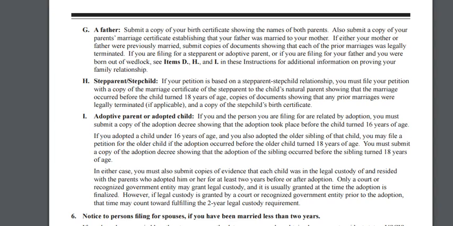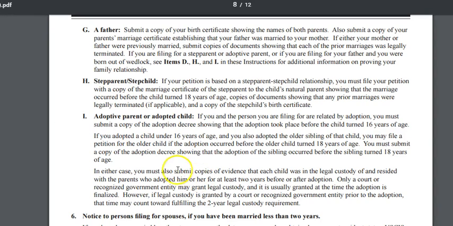But understand, there is a rule to be a stepchild. They say a copy of the marriage certificate of the stepparent and the child, showing that the marriage occurred before the child turned 18 years old, which means if you get married and the child is already 18 years old, you will not consider this a stepchild.